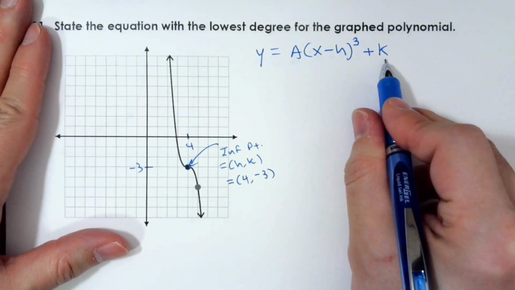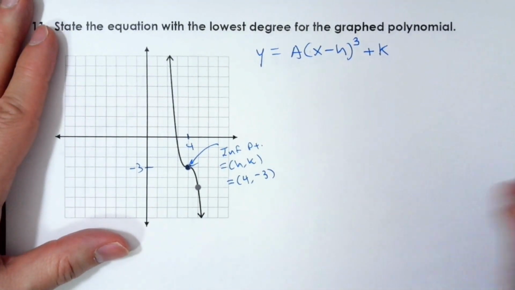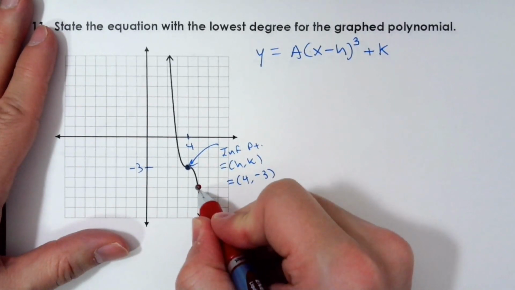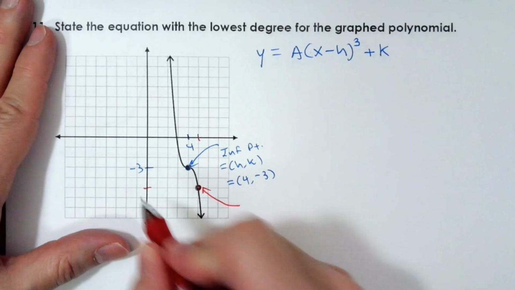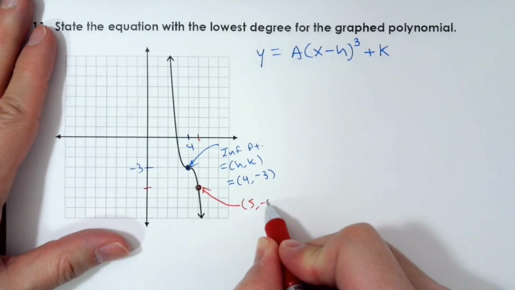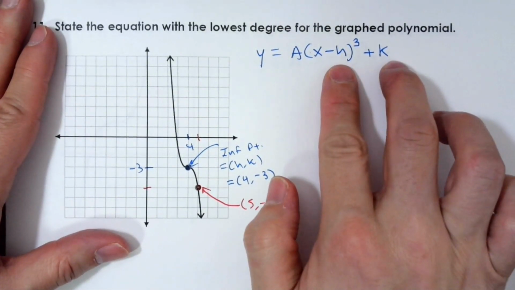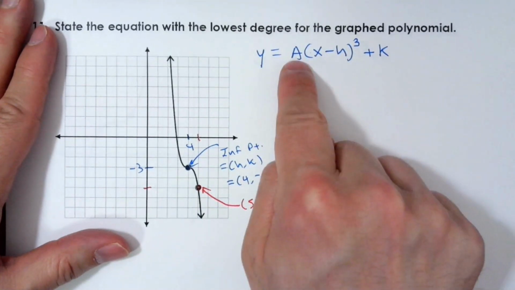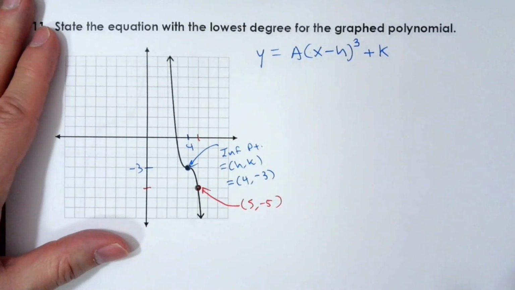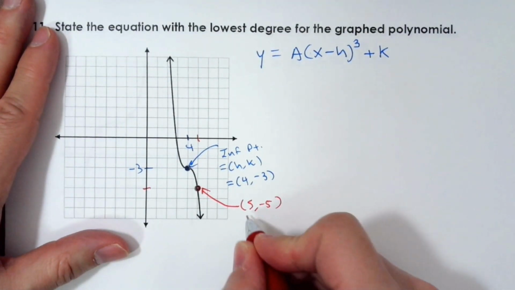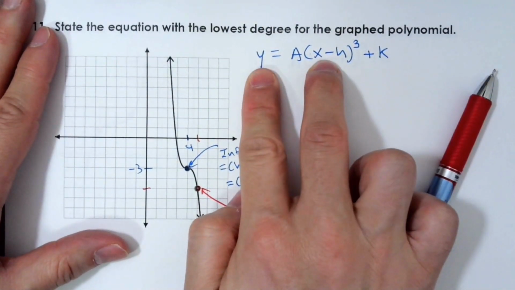So we already have h and k. And we also have another coordinate. And this appears to be 5, -5. So we know h and k, we just need to know a. So we substitute h and k in, and then we substitute in the other coordinate for x and y.